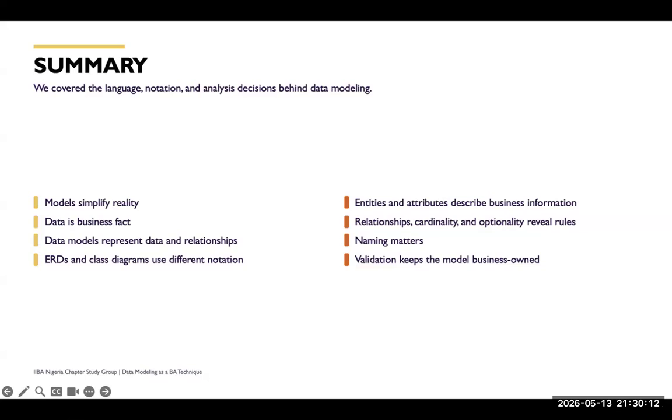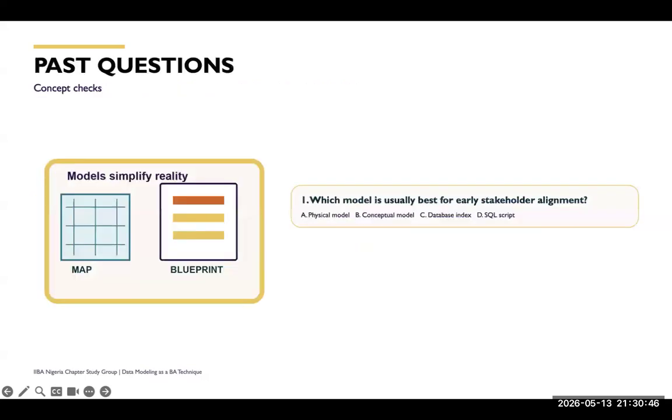I didn't go into this in detail, but we talked about entity relationship diagrams and entity types, while class diagrams will have the object classes. I'm not sure we have time to go into that today, but entities and attributes describe business information. Relationships, cardinality, and optionality reveal the rules. The naming matters. Ensure you're using singular nouns. And again, validation keeps the model business owned, right?